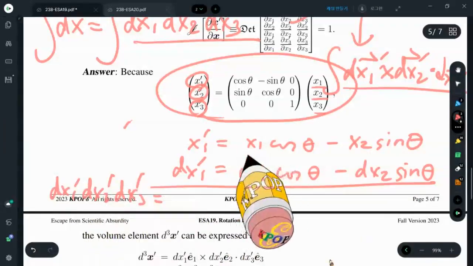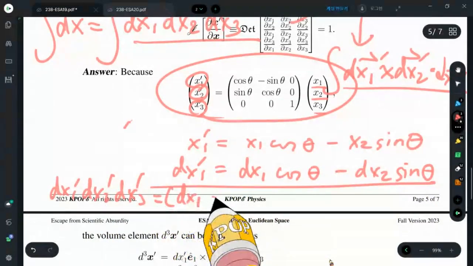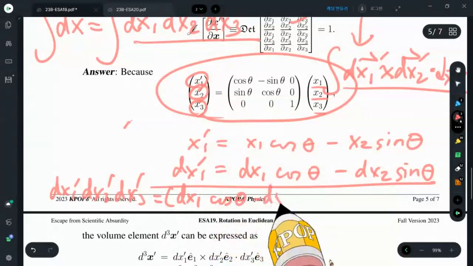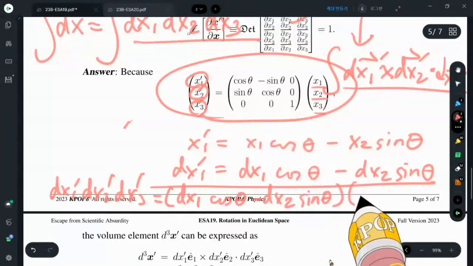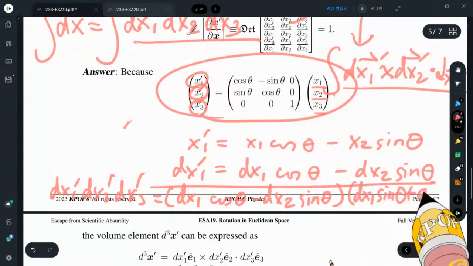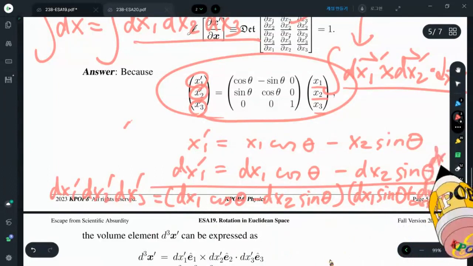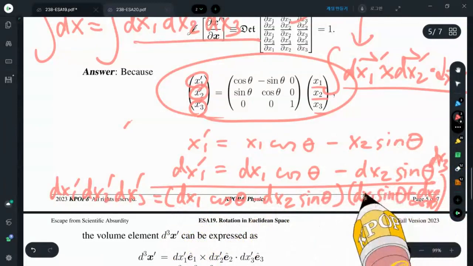But if I substitute this one, what I get is dx1 cosine minus dx2 sine, and then the next one will give dx1 sine plus dx2 cosine, finally dx3. I need to expand everything all together.